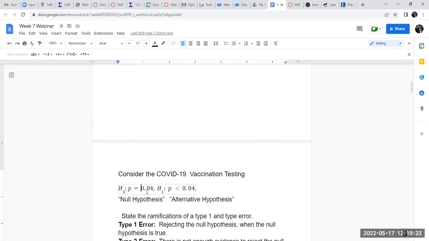Since it's a yes/no question, the first part is the no, and the second part is the yes. Actually, it has nothing to do with being a yes/no question, but it was a good question. The yes/no question tells you that you have a P right here. The yes/no question is what you're going to ask the individual person: did you get COVID? The other yes/no is, is the proportion of people who got COVID after vaccination less than 0.04?